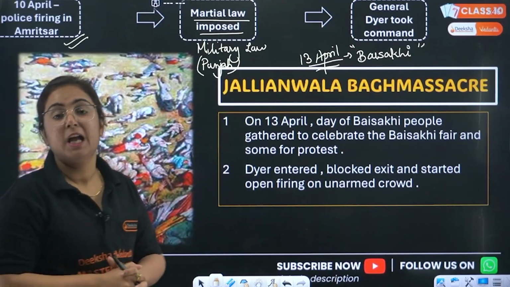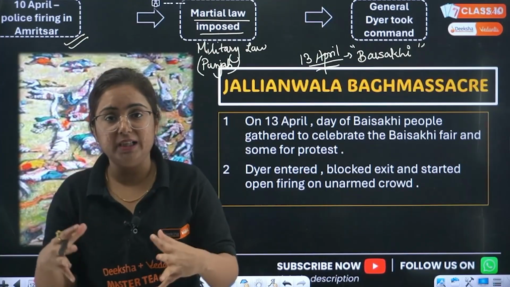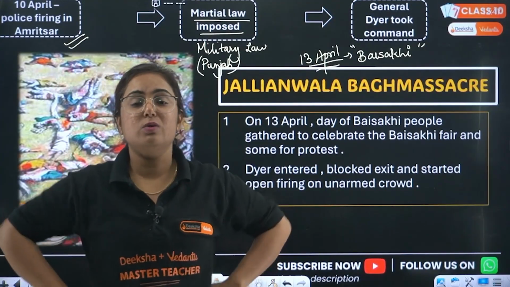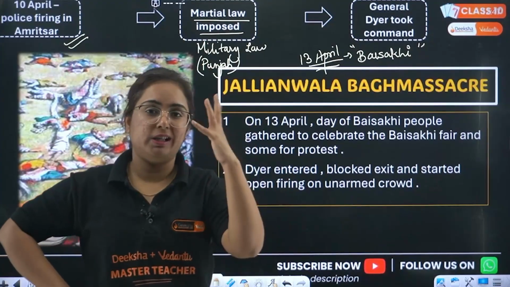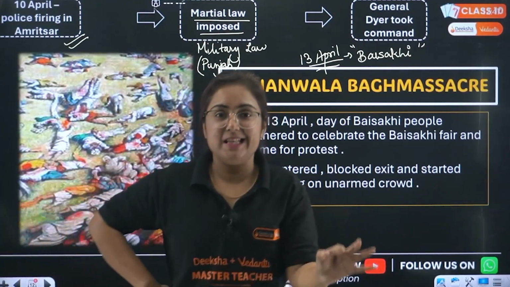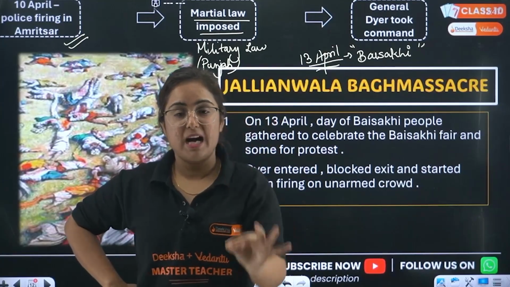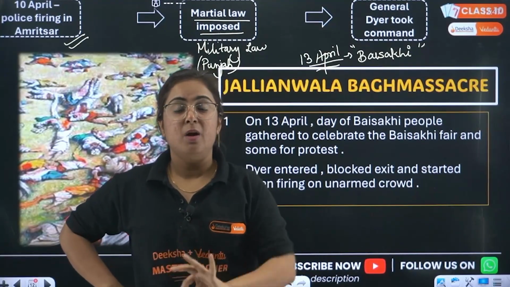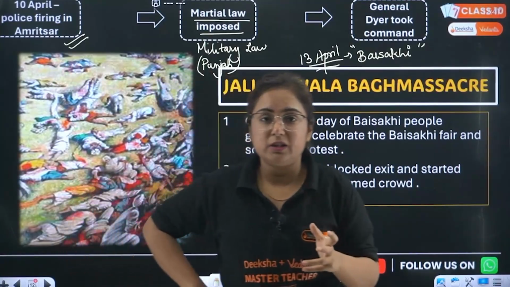But General Dyer, the army commander, got the news that people had gathered there and there was some political meeting going on, and he was mad. He entered the only exit of Jallianwala Bagh and started open firing without any orders of the above authorities.